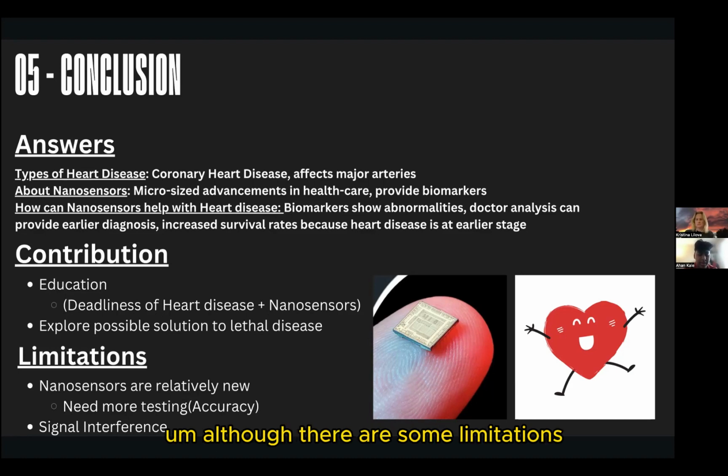Although there are some limitations, while nanosensors are a relatively new technology, they need more testing to be accurate, as well as the signals that nanosensors emit can be intercepted by something like noise, which can affect the strength of the signal, which can affect the reported level of deposits.